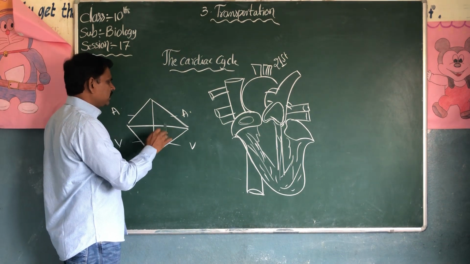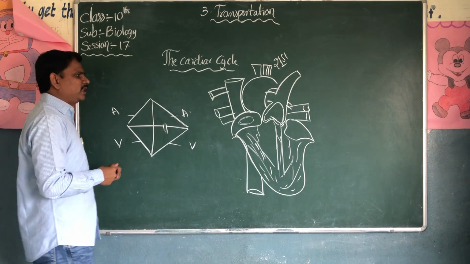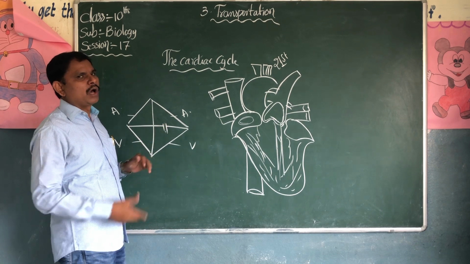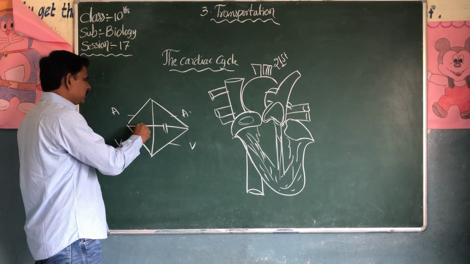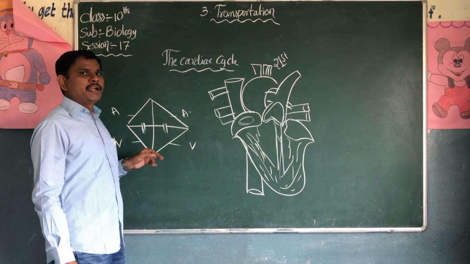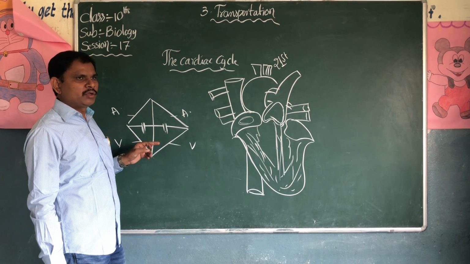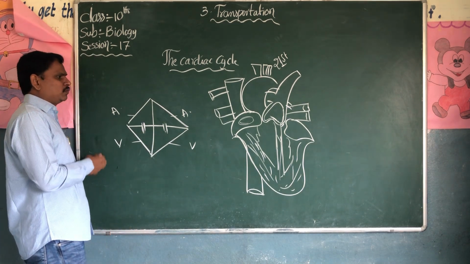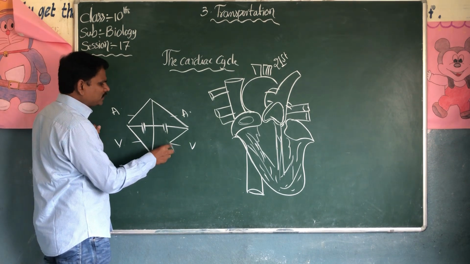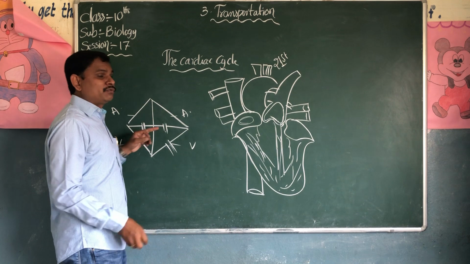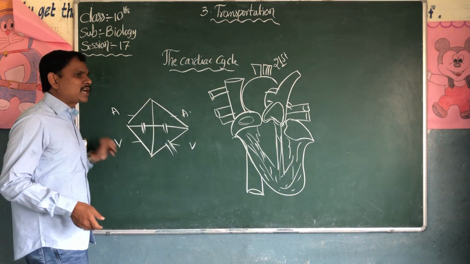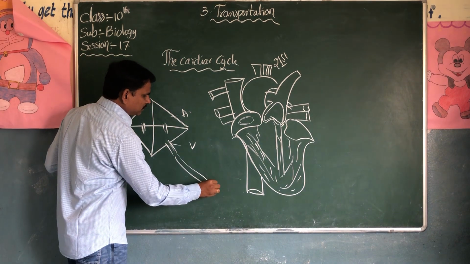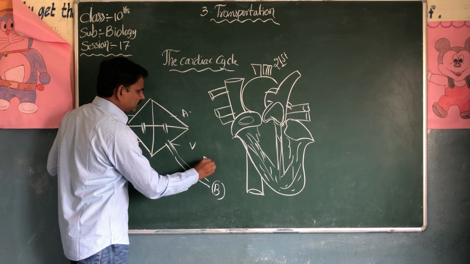We know there is a valve present between the atria and ventricles: between the right atria and right ventricle, the tricuspid valve, and between the left atria and left ventricle, the bicuspid valve. The valve present between the left ventricle and aorta, the artery, since arteries carry blood to the body parts.